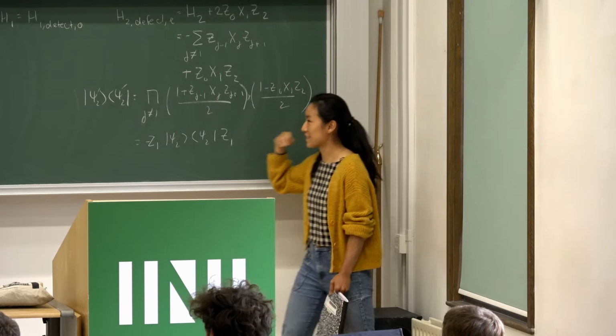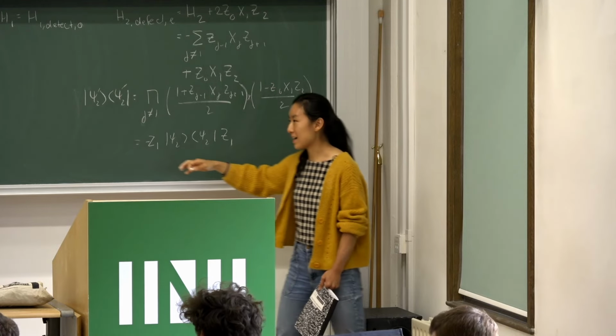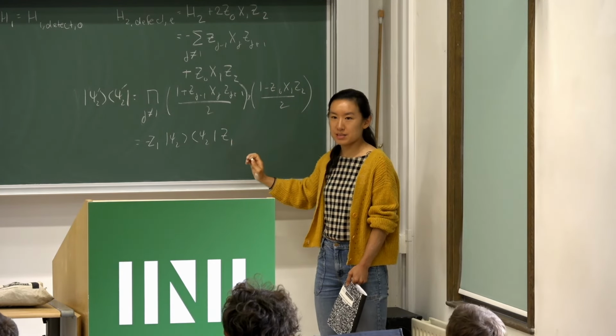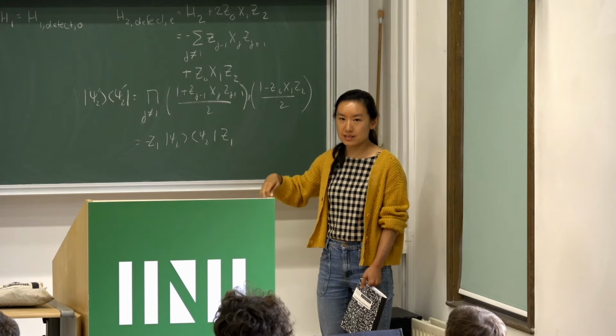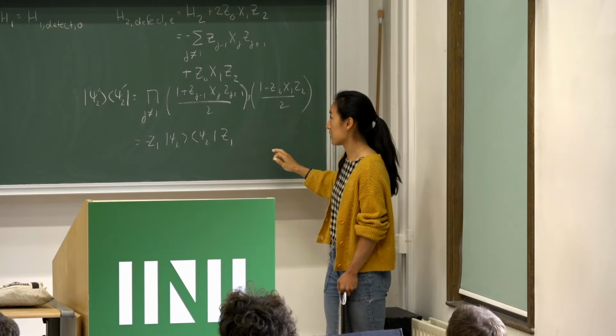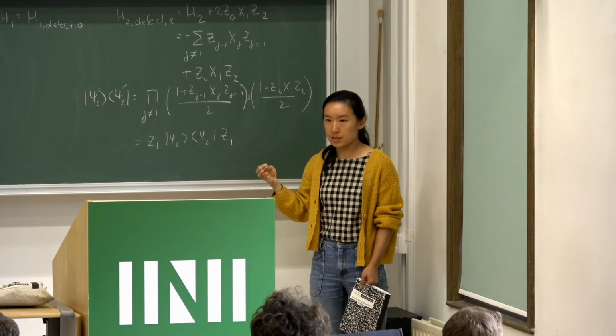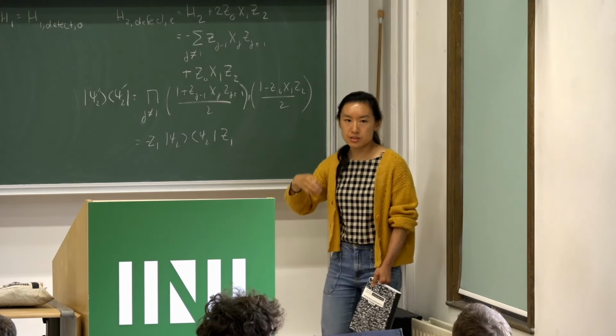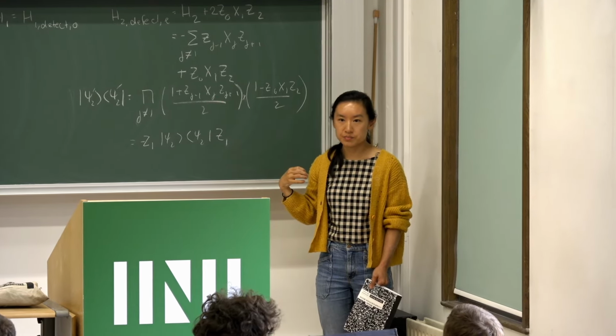So now this defect state has an additional charge under the U odd symmetry. What you find is that in this kind of SPT phase, the insertion of a defect for the U even symmetry will insert a charge of the U odd symmetry.